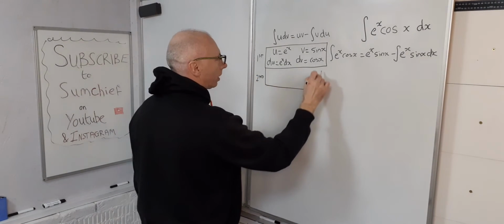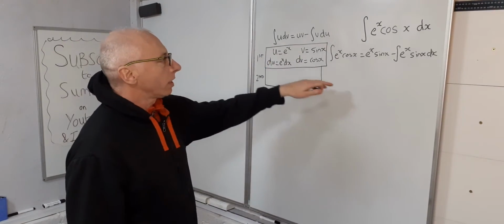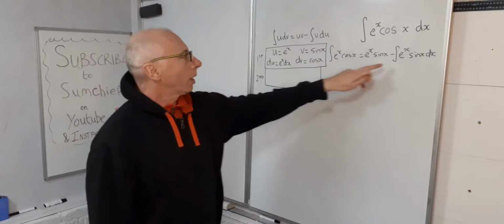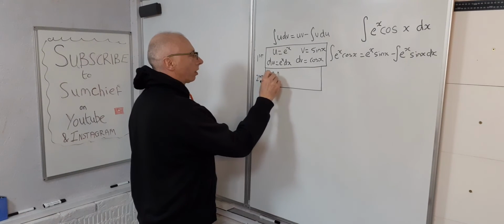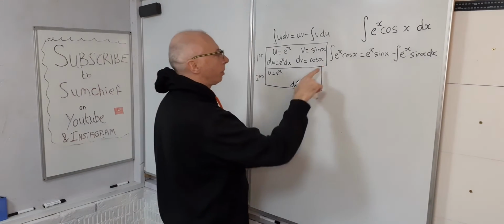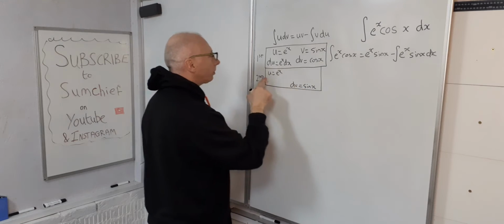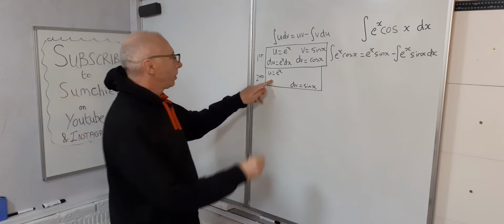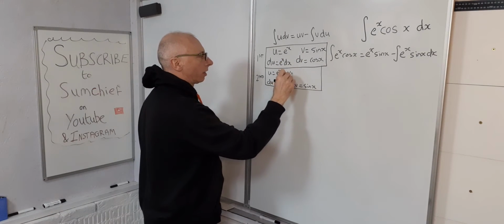So straight onto that, let's work out our u's and our dv's. So again, u, we can apply e to the x as we did in the first one. And our dv, well, that's going to be our sine x. So now we need our du and our v.